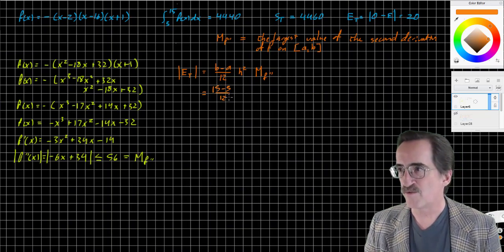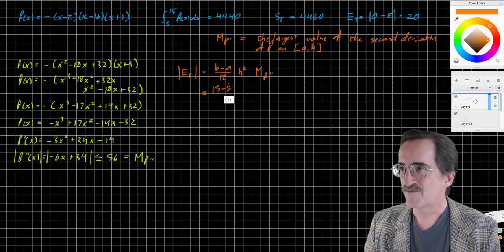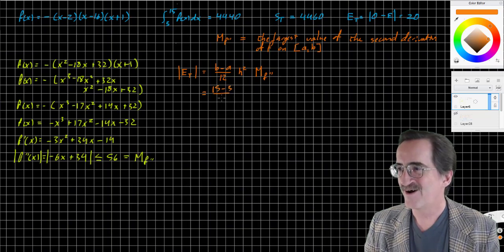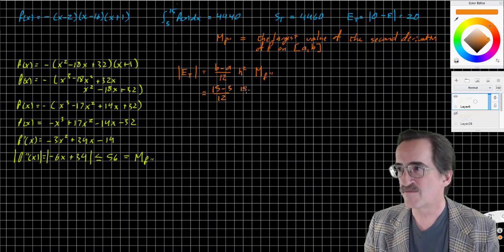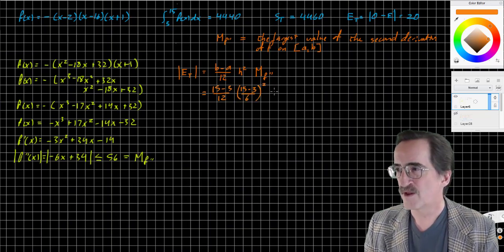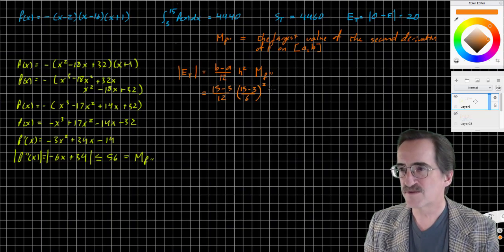I can't read my own writing. 15 minus 3 over 12. And then h, h is 15 minus 3 divided by n, which was 6 in this case, squared, and then times 56.